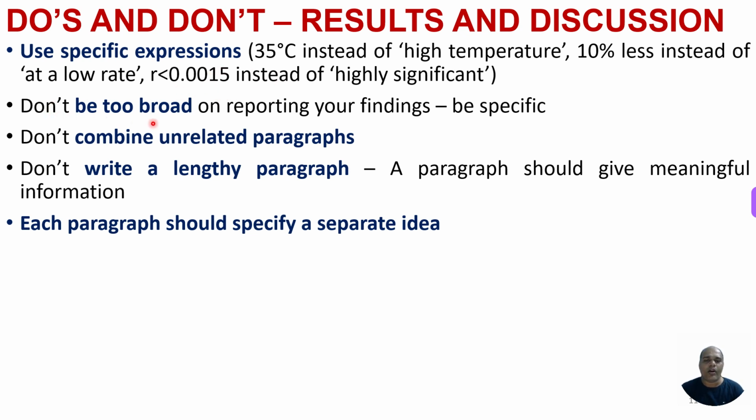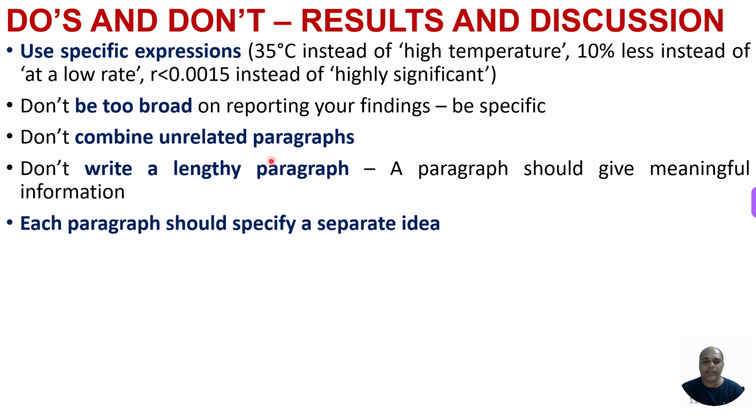Don't be too broad in reporting your findings. A research article should not be considered a book. In a book, it can be elaborate, whereas in a research article, it should be concise and precise. Don't combine unrelated paragraphs. Each paragraph should explain a proper phenomenon.